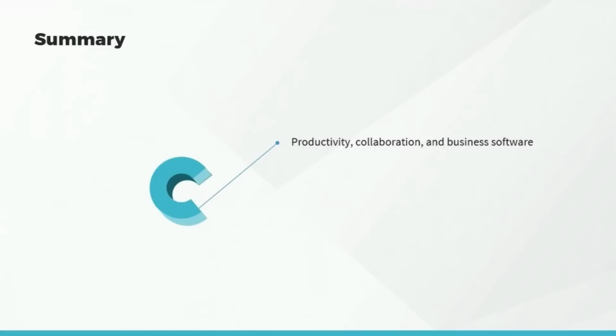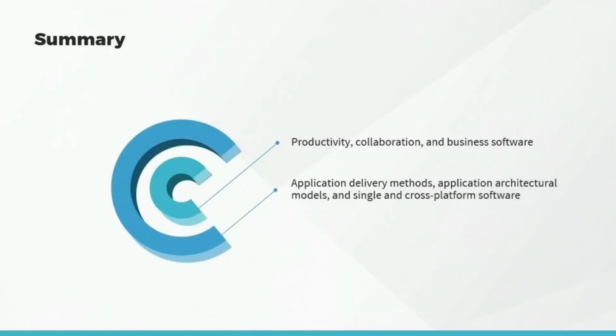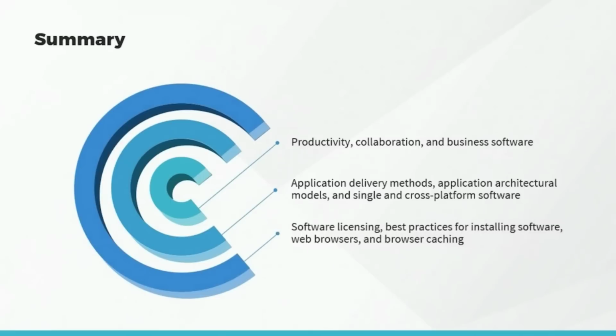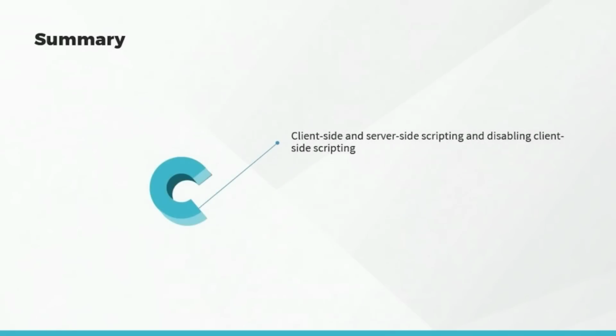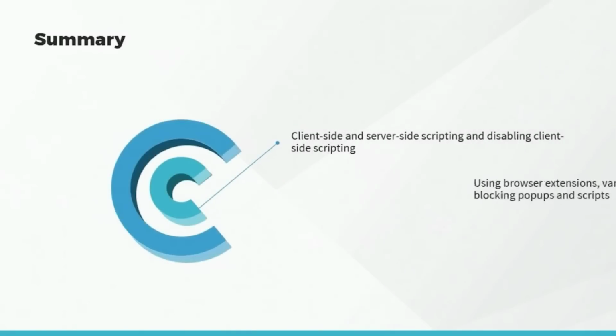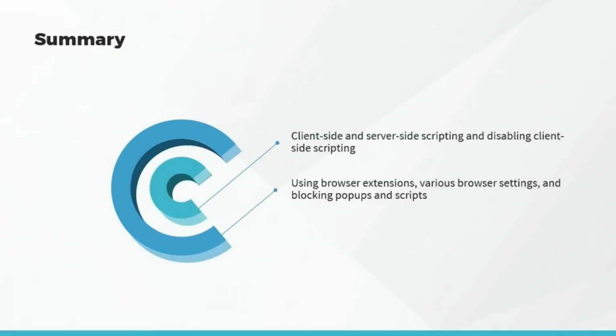So in this course, we've examined basic concepts surrounding computer software and web browsers. We did this by exploring productivity, collaboration and business software, application delivery methods, application architectural models, and single and cross-platform software, software licensing, best practices for installing software, web browsers and browser caching, client-side and server-side scripting and disabling client-side scripting, using browser extensions, various browser settings, and blocking pop-ups and scripts.